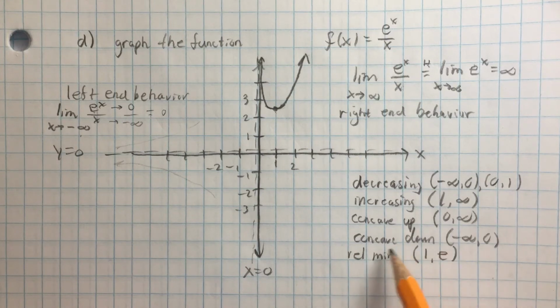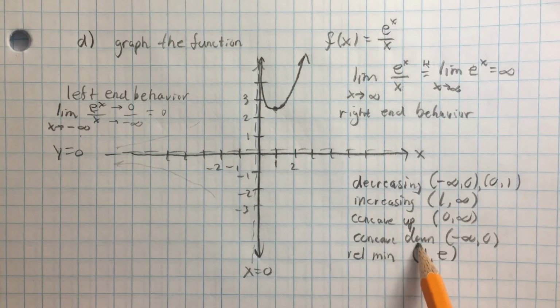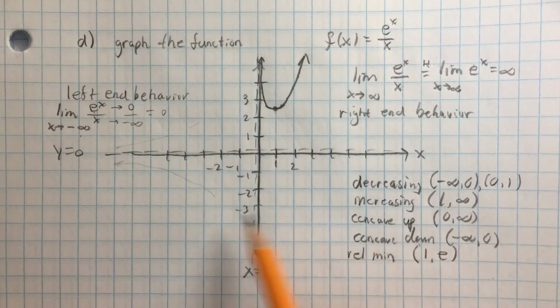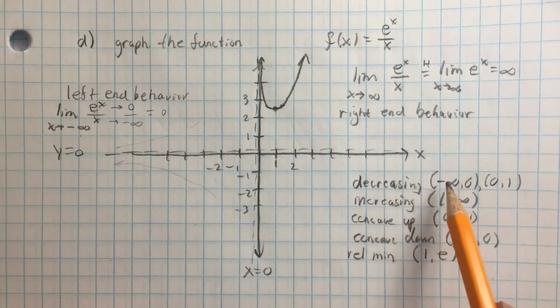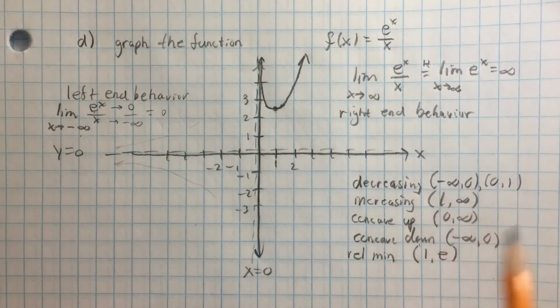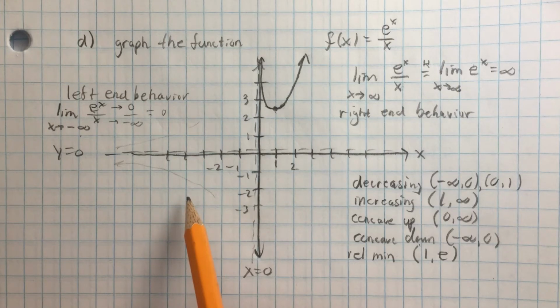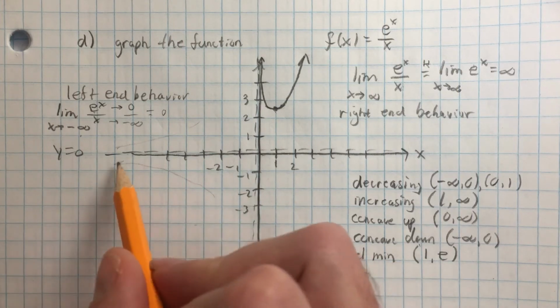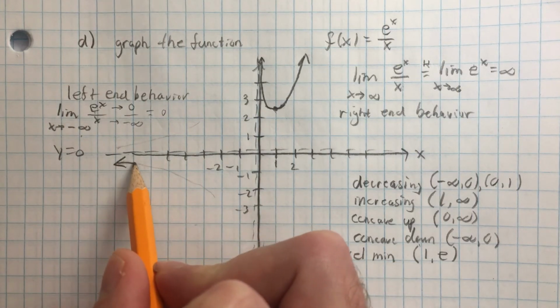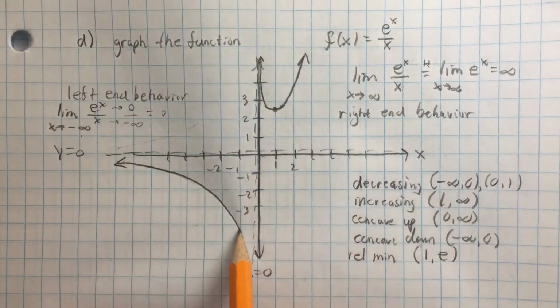Well, let's see. We know it has to be concave down on the left, right? Negative infinity to 0 is concave down. And simultaneously it's decreasing, so negative infinity to 0. So we need to have a picture over here which is decreasing and concave down. Well, certainly this is the only picture that would describe that.